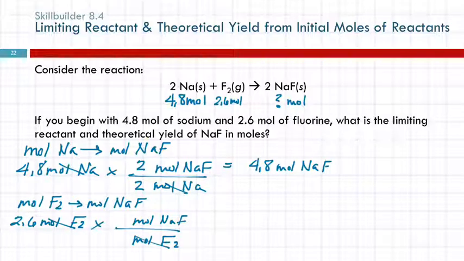Once you see the pattern, it's very straightforward. Until you see the pattern, it's really confusing. In front of F2 is an understood 1, and in front of this is a 2. So I'm going to write 1 in front of moles of fluorine and 2 in front of moles of sodium fluoride.